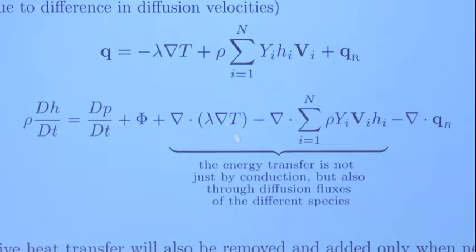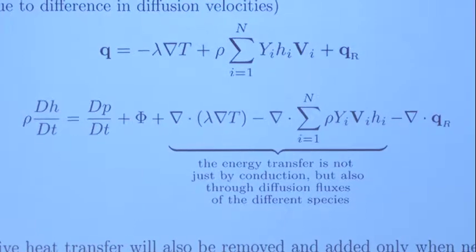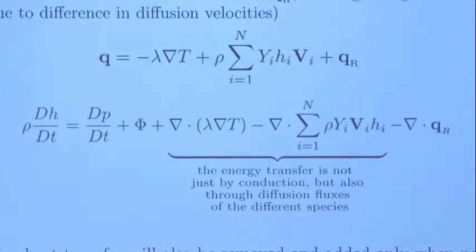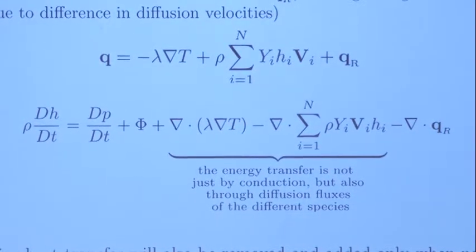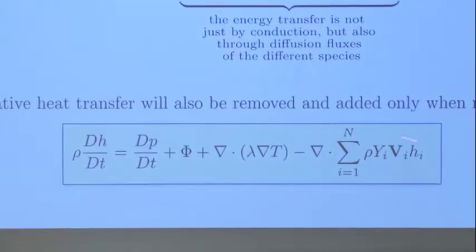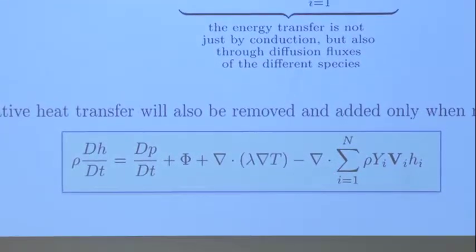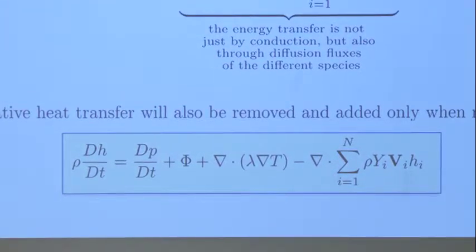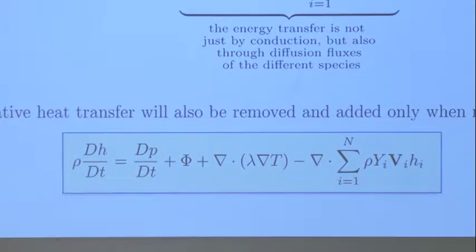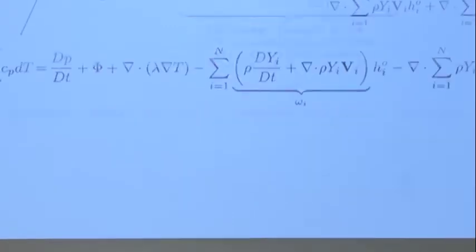Okay, so if we neglect the heat flux by radiation, we are left with this equation, with the only contribution different from a pure substance being the divergence of all the contributions to the heat flux from diffusion.